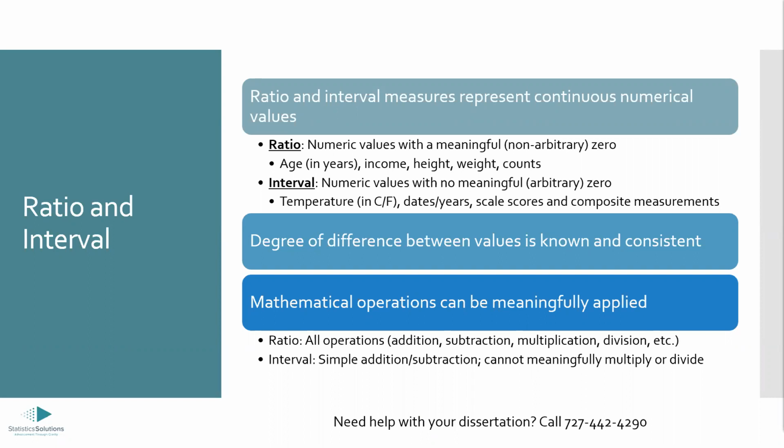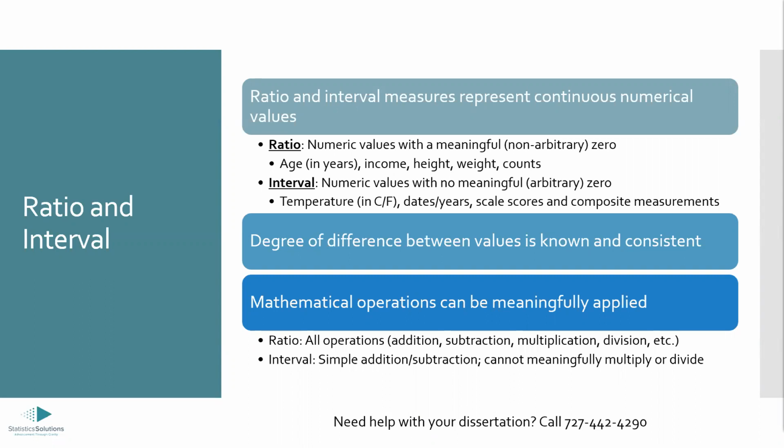So that would be a case where we can do multiplication. Division also applies. We know that the person with $10,000 has half as much income as the person with $20,000. And we can also do addition and subtraction. The person with an income of $20,000 has $10,000 more than the person with $10,000. So we can add and subtract those numbers.